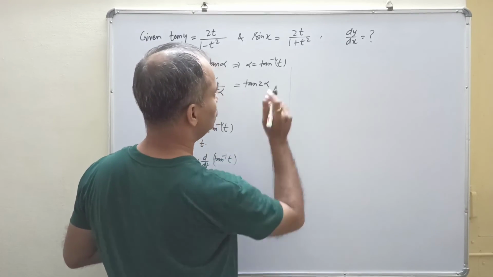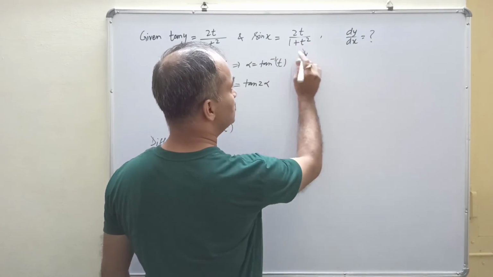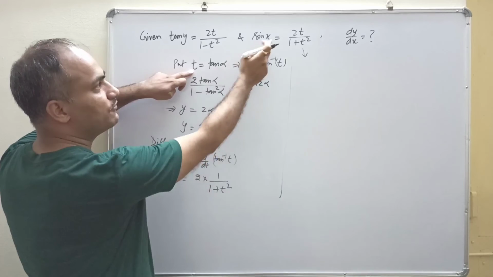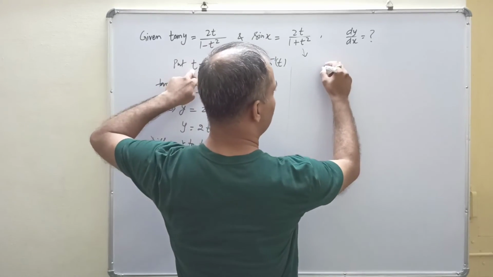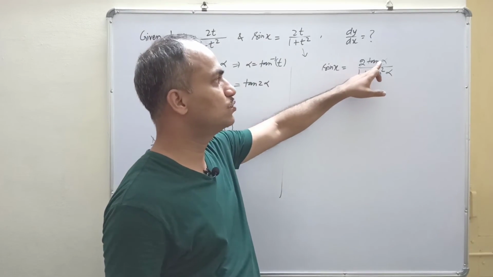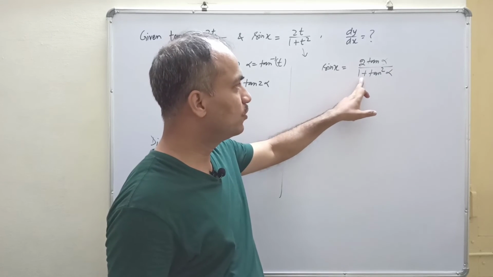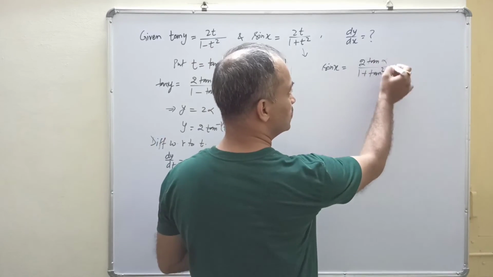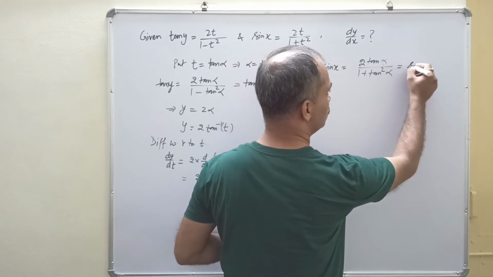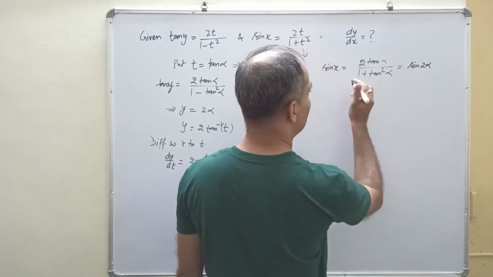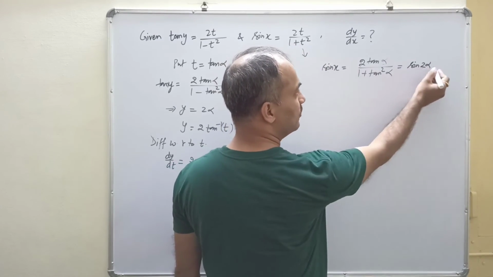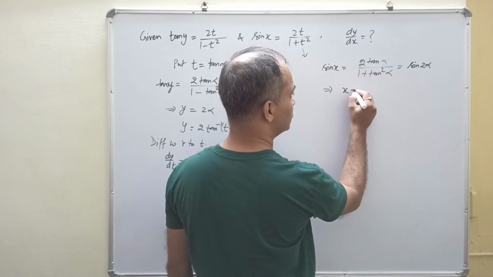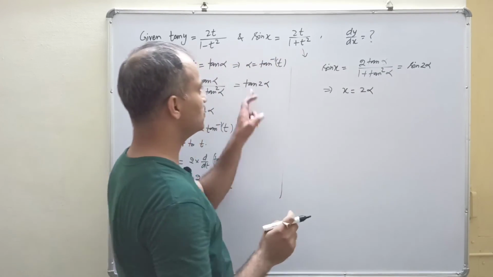Now focus on this part. Similarly, we put t is equal to tan alpha here. Then what happens? We get sin x is equal to 2 tan alpha upon 1 plus tan square alpha. Now this formula is equal to sin 2 alpha. Now simplify. Sin x is equal to sin 2 alpha. It means we can say that x is equal to 2 alpha. And what was alpha?